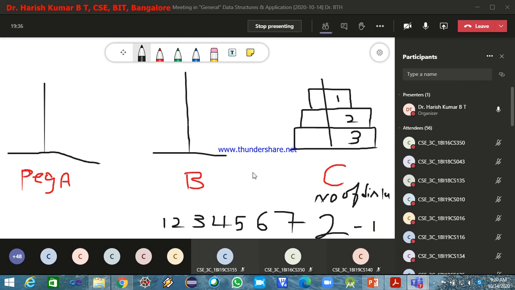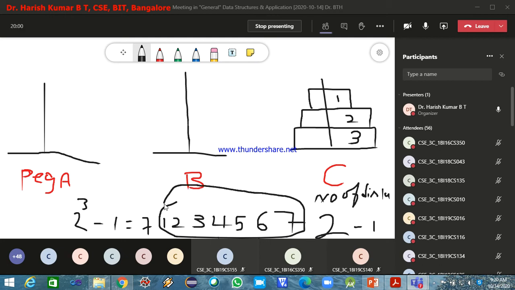Now how many disks were there? 2 raised to 3, minus 1. 2 raised to 3 is 8. 8 minus 1 is 7. So the total number of moves required to shift these 3 disks from peg A to peg C using B as auxiliary is 7 moves.